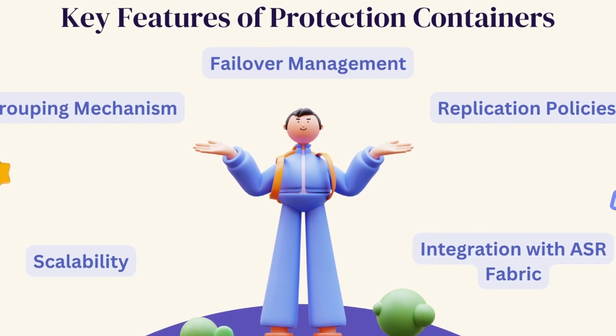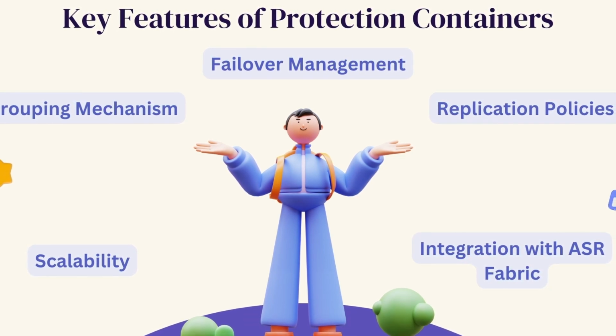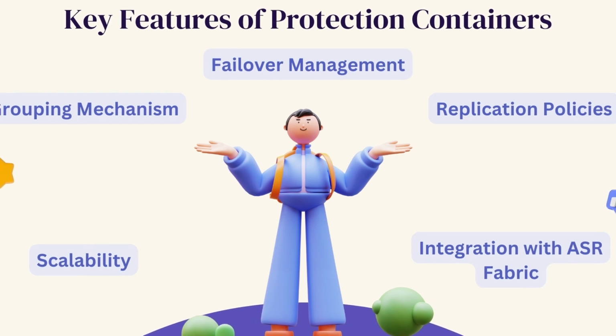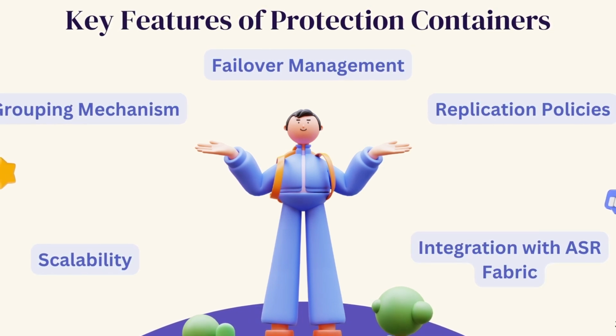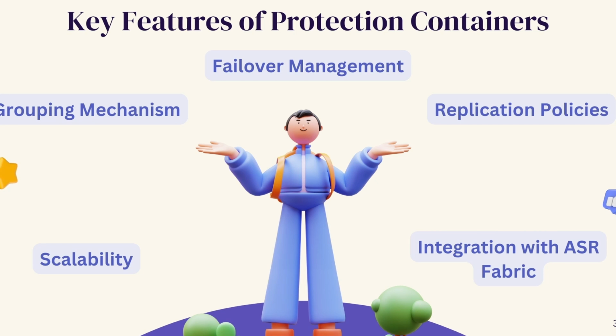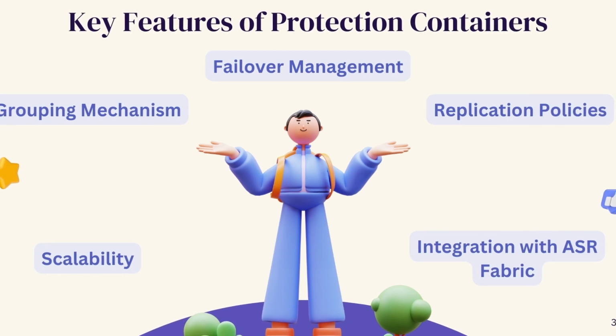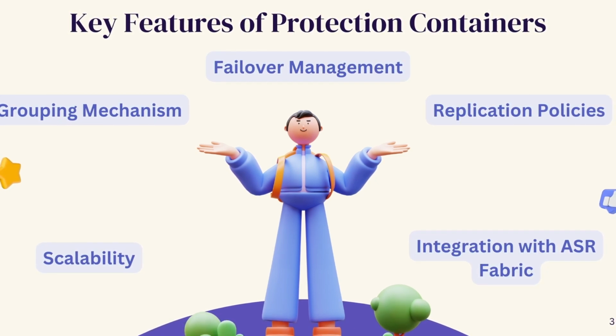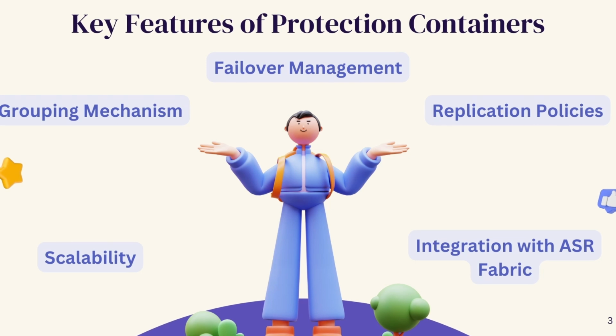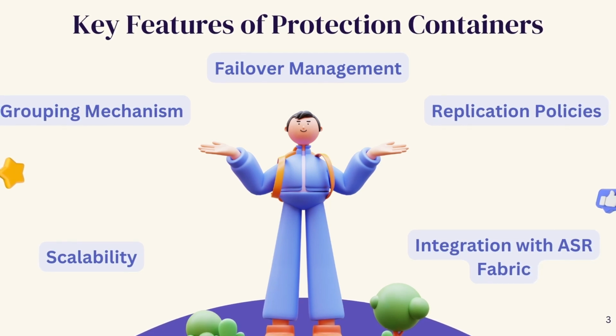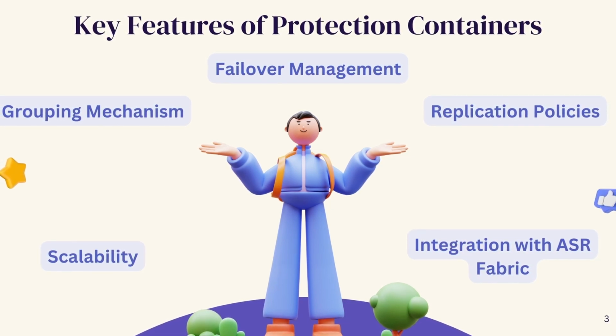The third feature is failover management. Protection containers streamline failover management by ensuring all resources in a container fail over as a group. This is particularly useful for applications with dependencies across multiple VMs. The fourth feature is scalability.